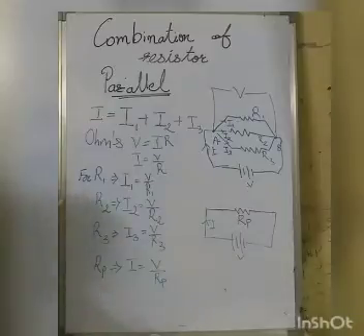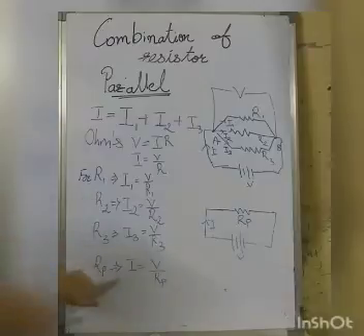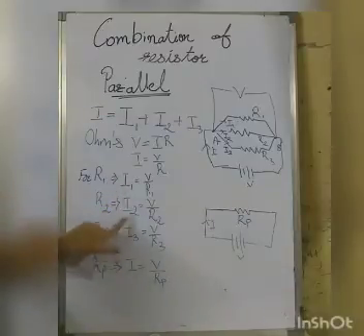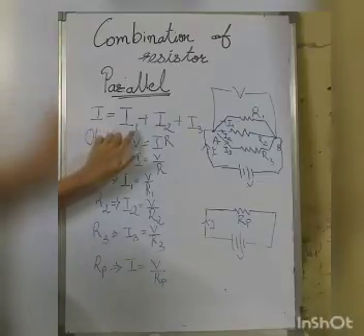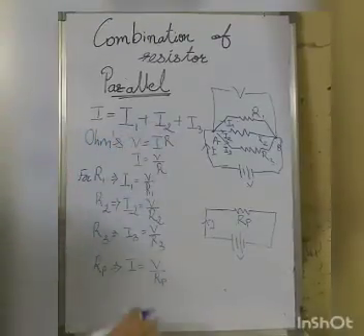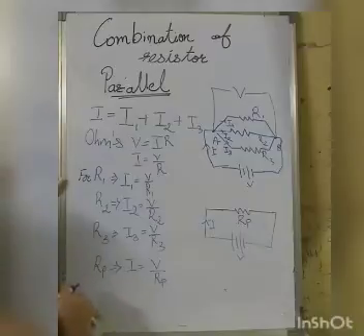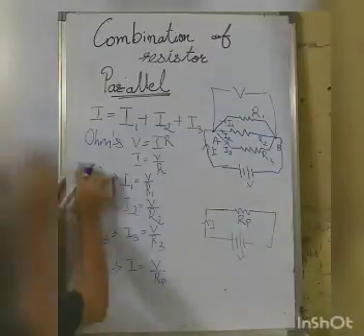And that's it. Now we will keep all these values of I, I1, I2, I3 in our equation. Which equation? I equals I1 plus I2 plus I3. So note this down. Pause your video, note it down. I hope you have noted it.